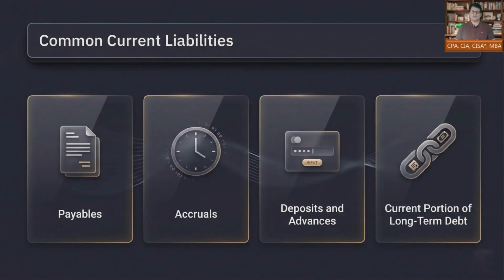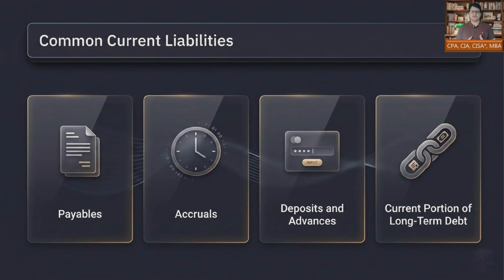Common current liabilities include payables, accruals, deposits and advances, and the current portion of long-term debt. Accounts payable arise from purchases from suppliers. Accrued expenses include wages, interest, taxes, and other obligations incurred but not yet paid or invoiced.